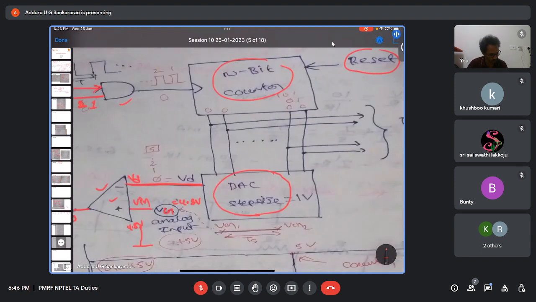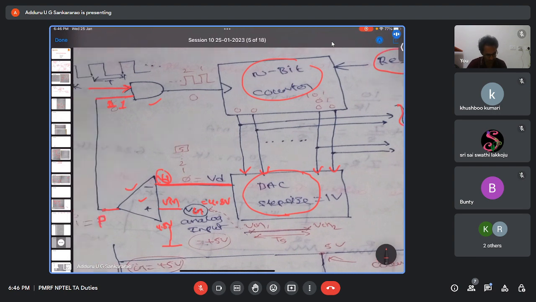The output of the counter is nothing but our digital output. Also, the counter output is given as input to the DAC. The n-bit counter output is given as input to the DAC. Now the DAC will convert that value into an analog voltage, just as we have seen about DACs. Now again it compares, based on that the P value is either 1 or 0.